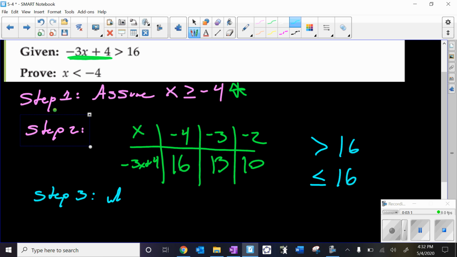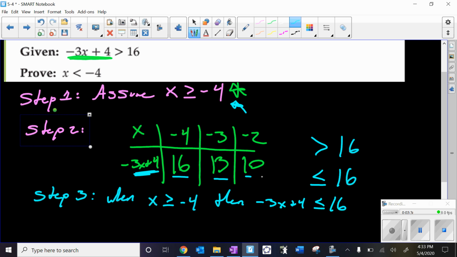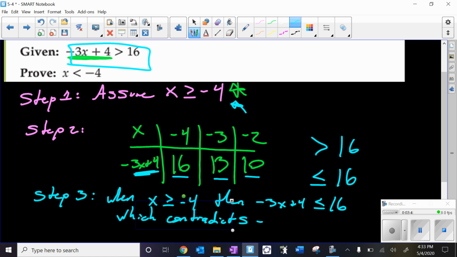You can write this however you want, but I'm going to say when x was greater than or equal to -4, that was from my assumption up here at the top, then my -3x plus 4 was actually less than or equal to 16, which contradicts our given, which stated -3x plus 4 was actually bigger than 16.